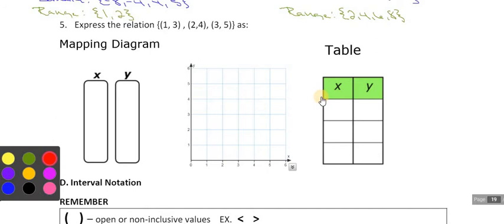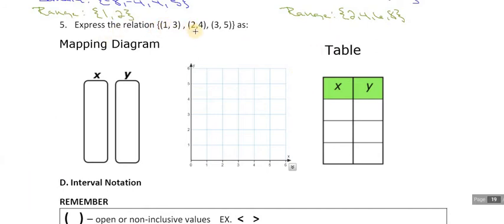So in terms of the mapping diagram, the x goes in the first column. So our x values are 1, 2, and 3. They're already in order, so that's nice. The y values are 3, 4, and 5. They're also already in order, so that's nice. And in general, you're just going to automatically put them in order from smallest to largest when you have control.